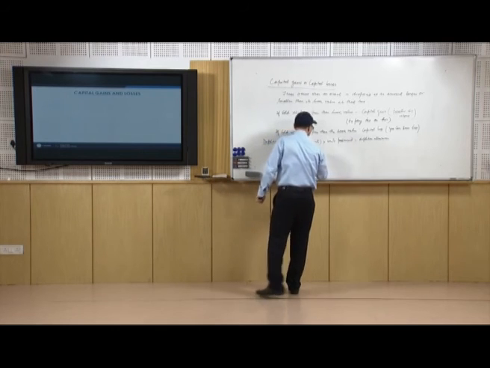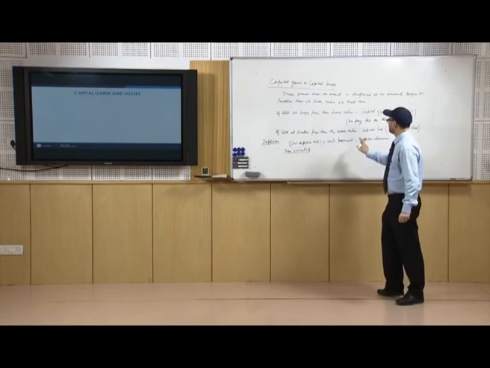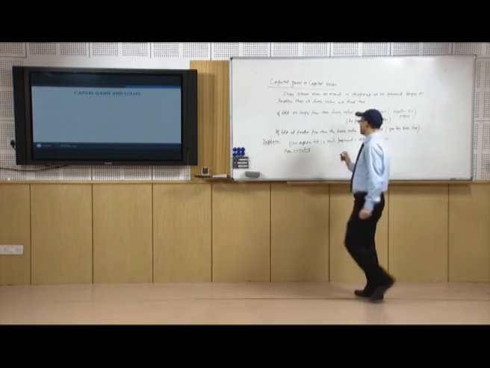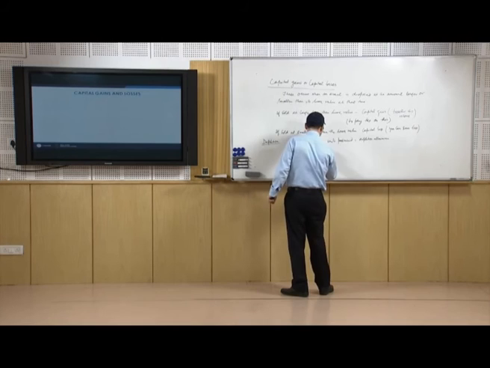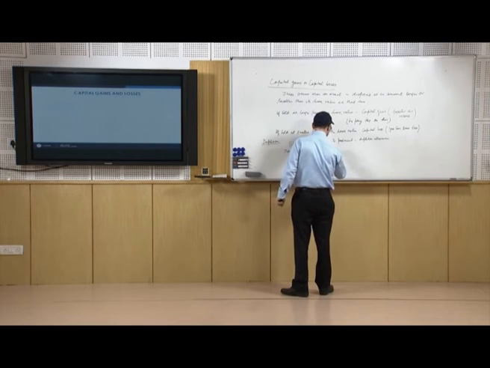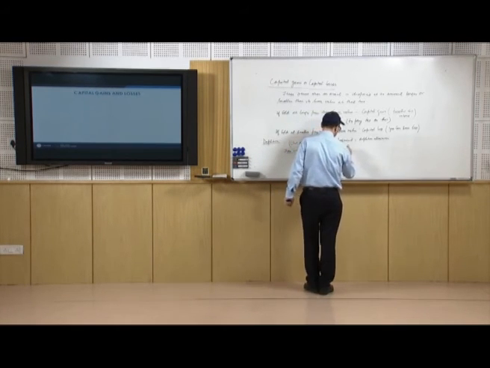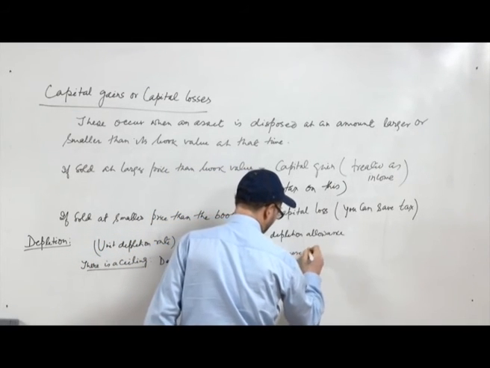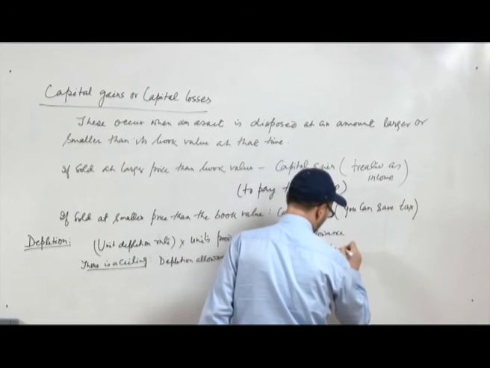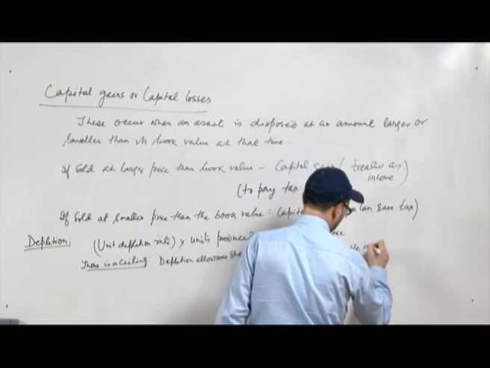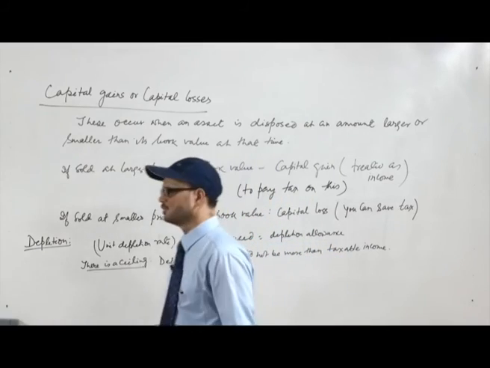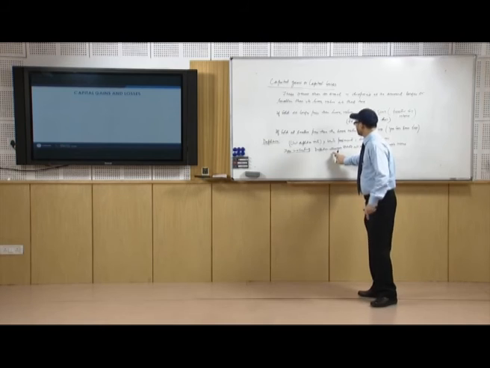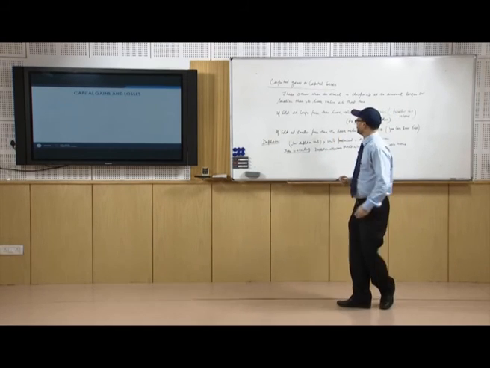The ceiling is that the depletion allowance should not be more than 50% of the taxable income. This condition has to be kept in mind while taking the depletion allowance.